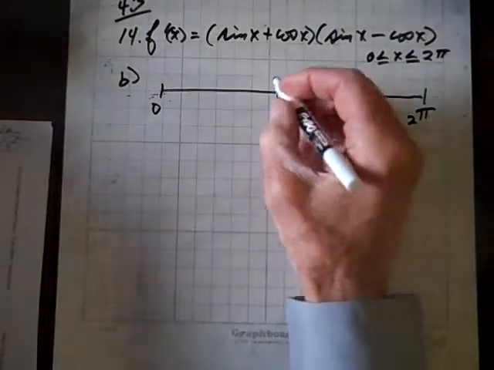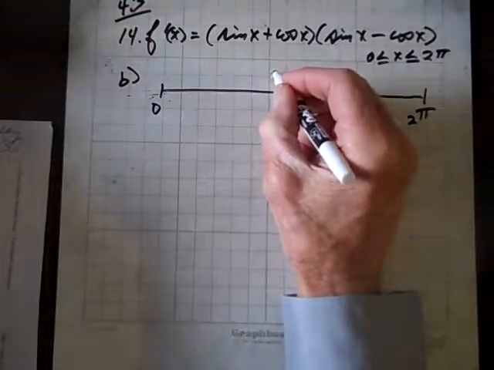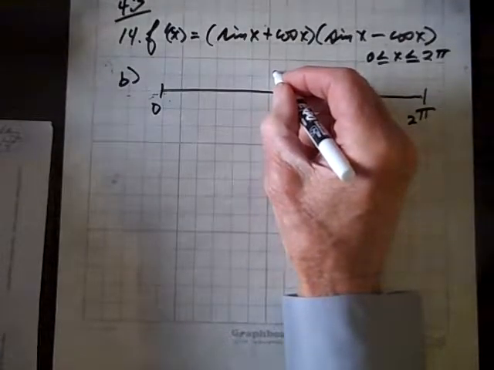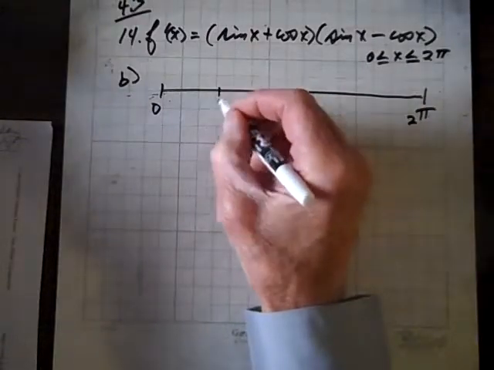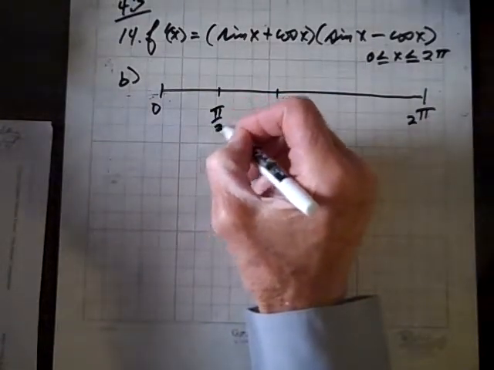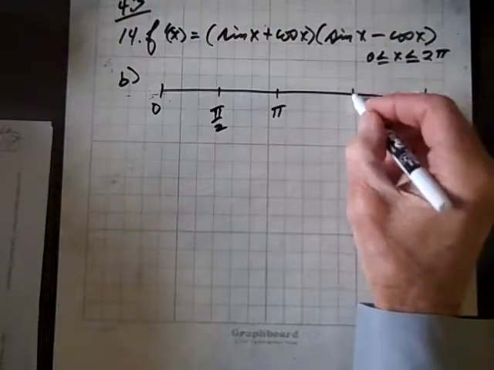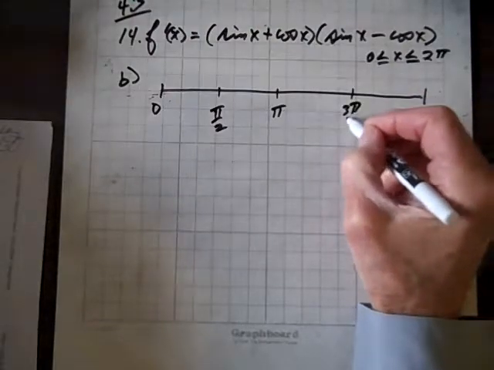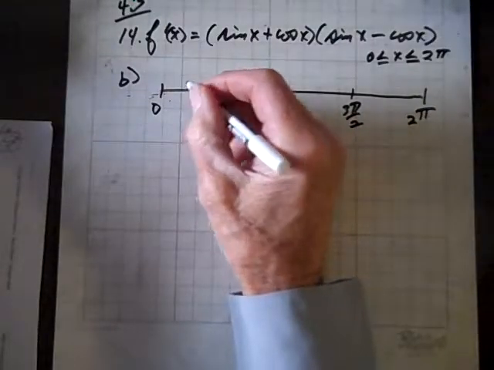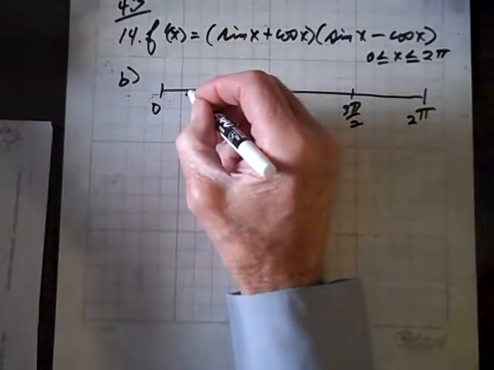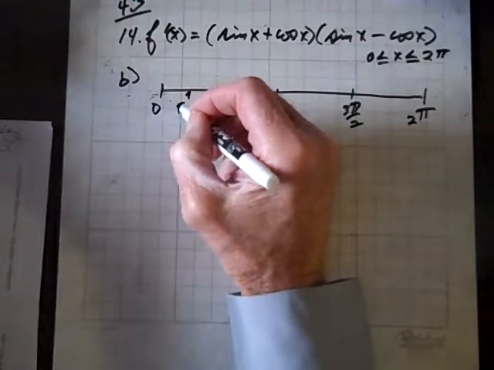And so this is going to be pi right here, pi. This will be pi over 2. This will be 3 pi over 2.